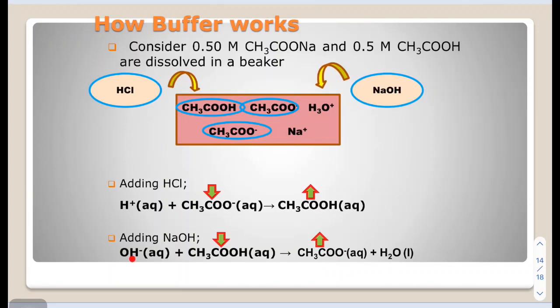Since the hydroxide that is added needs to react with the acetic acid, the concentration of the acetic acid will decrease and it produces acetate, so the concentration of the acetate ion will increase. That's what happens during the addition of a small amount of acid or base in a buffer system.